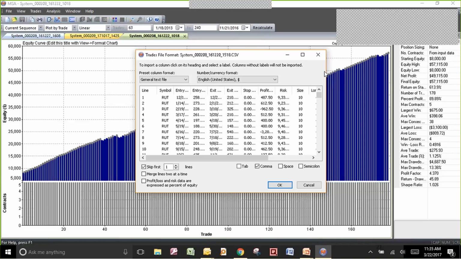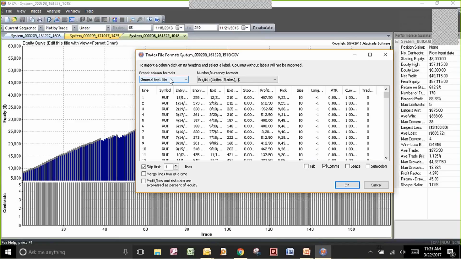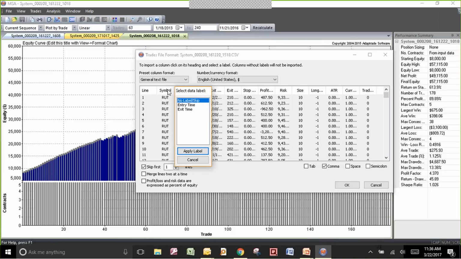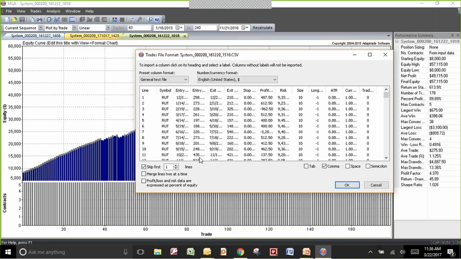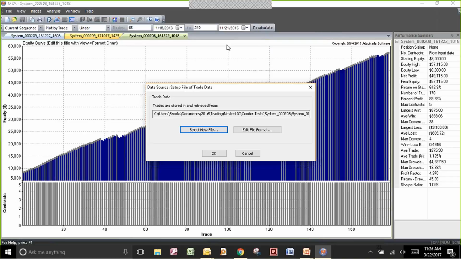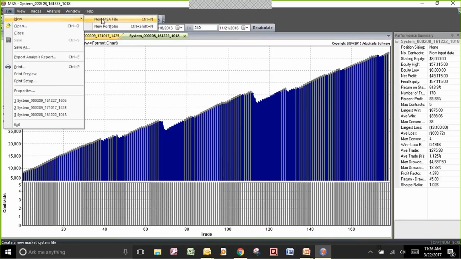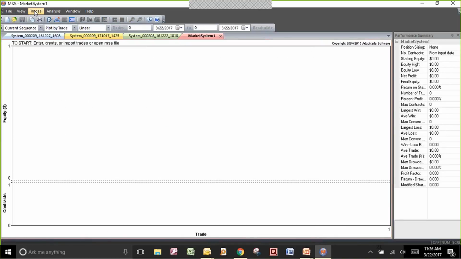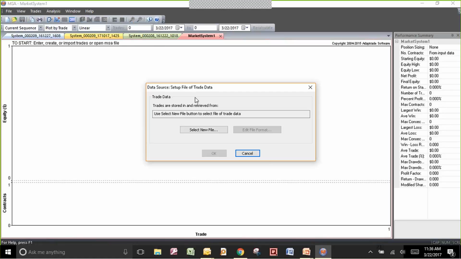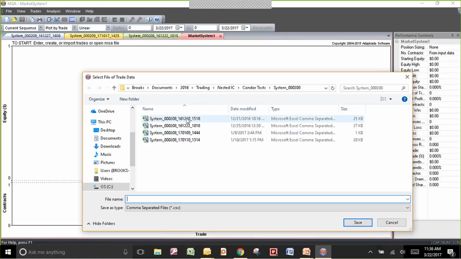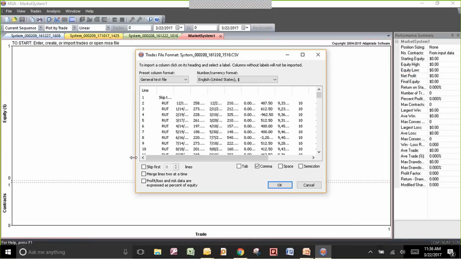Okay, and so here is how you bring things in, and it has already figured this out, maybe because I've done this in the past. Let me just do a new MSA file and do this afresh. I think now, even if I pick the same file, I'll be able to.